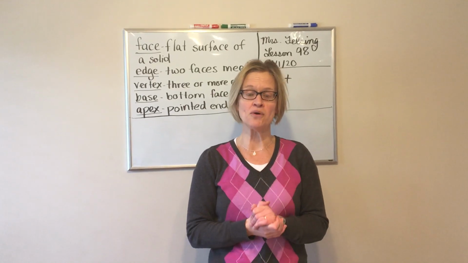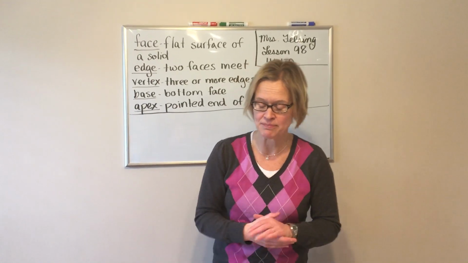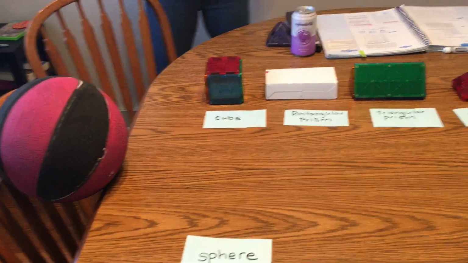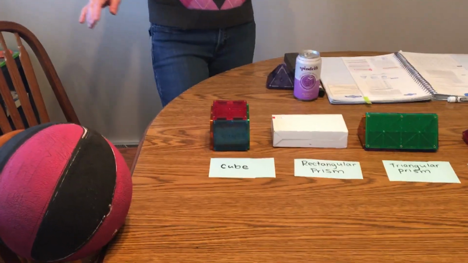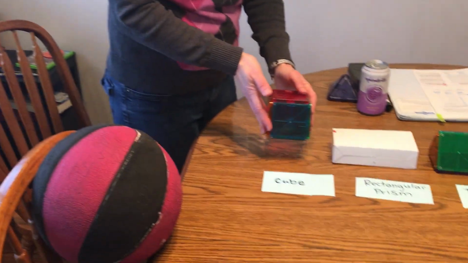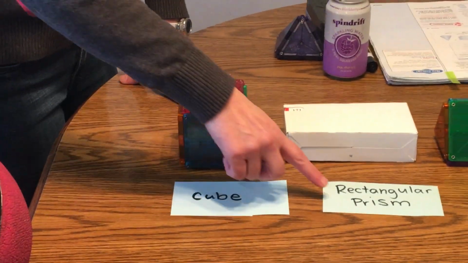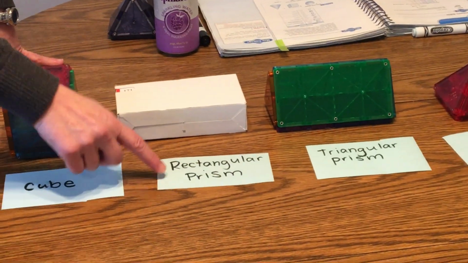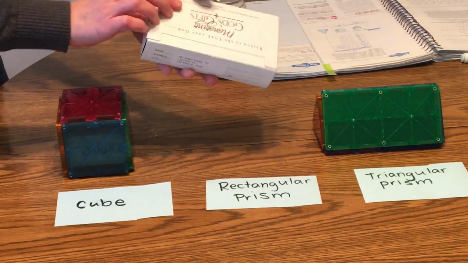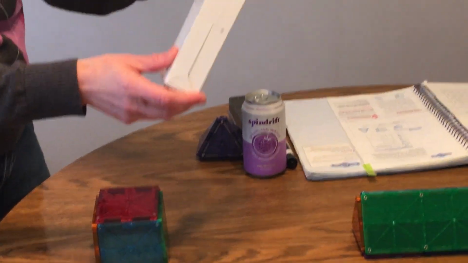The ones that we're going to focus on today are right in front of us here. I put together, and my kids helped me, some of the shapes that we're going to be studying today. The first shape is a cube. The next shape is a rectangular prism. They suggested a shoebox, but I found an envelope box.